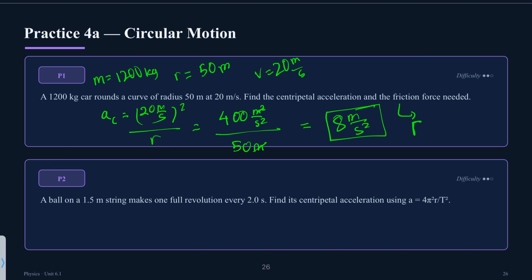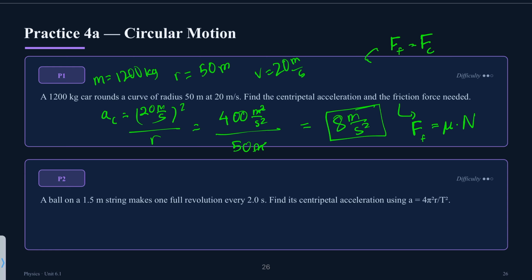The force of friction needed here. So you might remember that force of friction is mu times normal, right? And you could use that, but the thing is we don't have a mu. What do we also need to know though? We also know that the force of friction is our centripetal force, right? So we can just use that there.